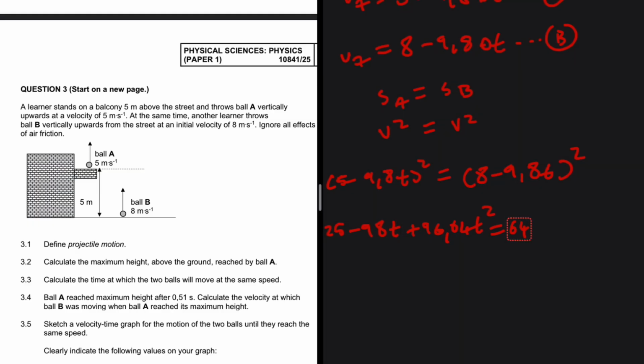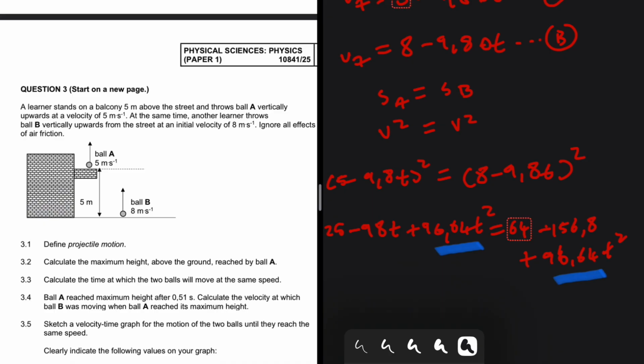We multiply that by 2, we get 156.8. So minus 156.8t, and then plus 96.04 t squared. So 96.04 t squared and 96.04 t squared, that will cancel out.